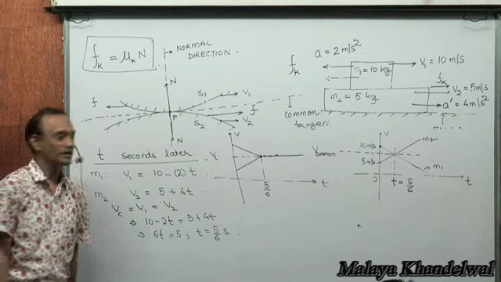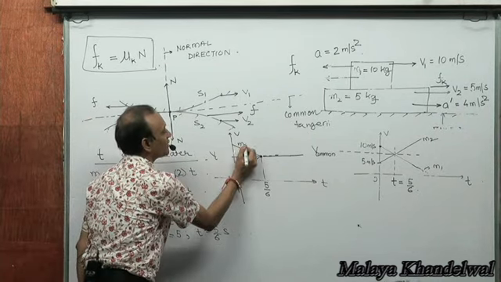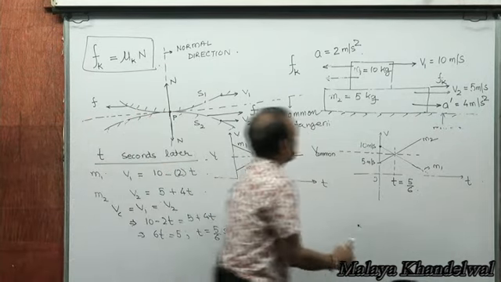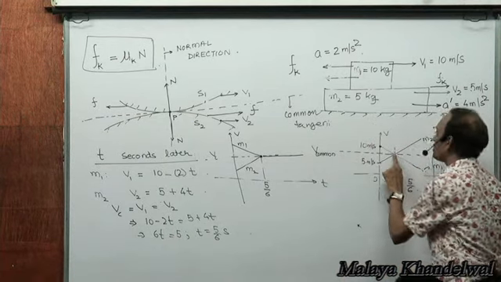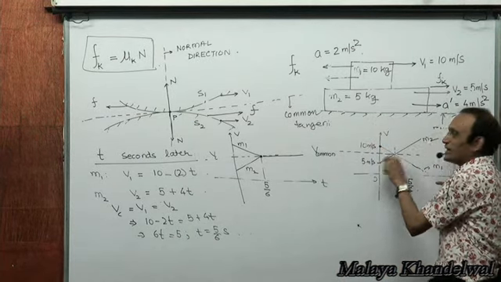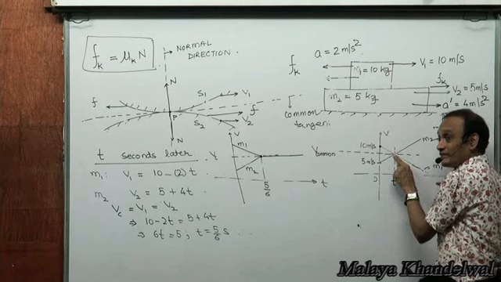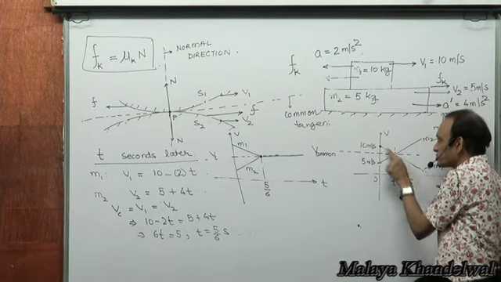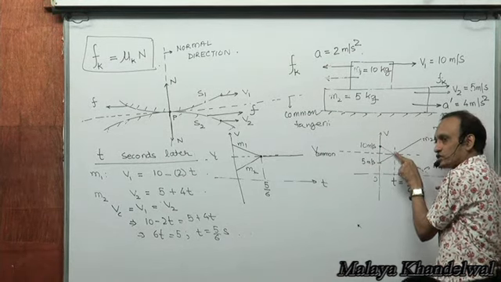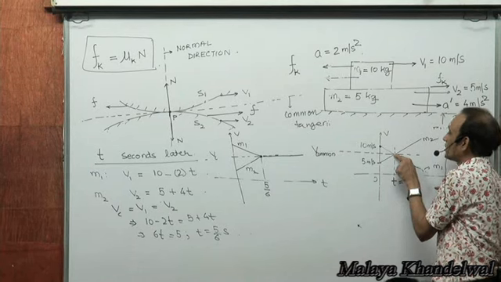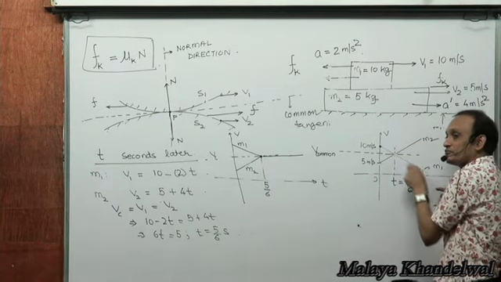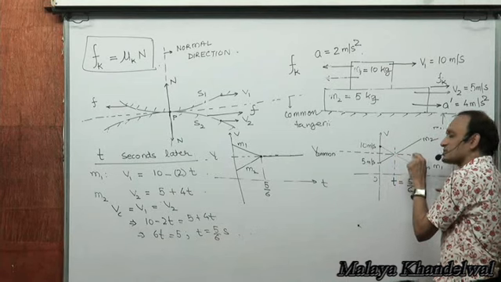This is how it happens. For m1, this is the graph. For m2, this is the graph. It's not like after they acquire a common velocity, the velocities will keep changing like this. Up to this point, they wanted to come to a common velocity and they had different velocity-time trajectories. But after this, they have a common velocity and they move like this.